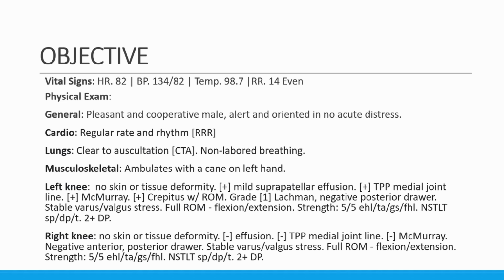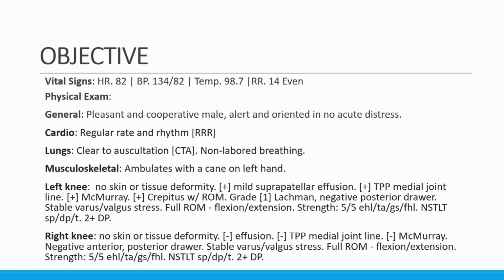Then you go to the EDL. The EDL is the extensor digitorum longus, the extension of the 2nd to 5th toes. And then the FDL, which is the flexor digitorum longus. This is the flexion of the 2nd to 5th toe.